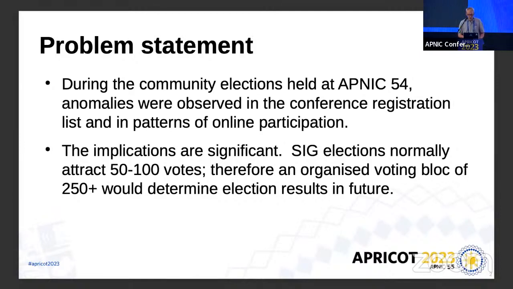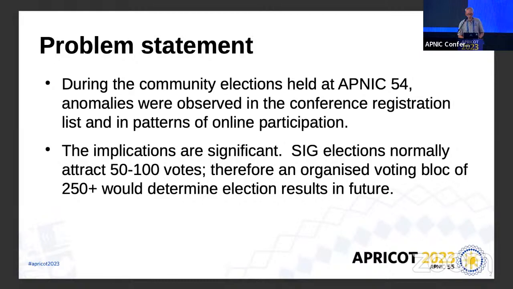The implications are significant. SIG elections normally attract 50 to 100 votes. Therefore, an organized voting bloc of 250 plus would determine election results in future. The difficulty of confirming the identity of voters indicates a further vulnerability to SIG elections.